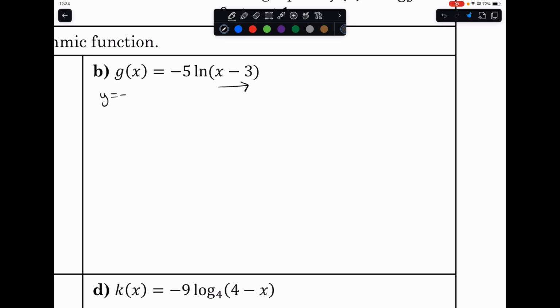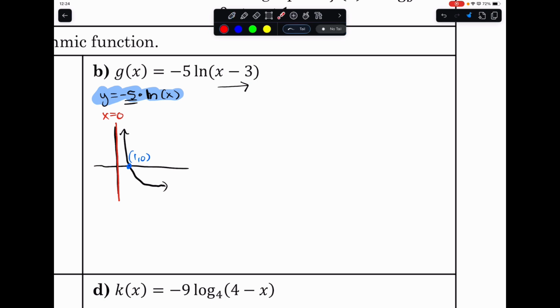So if y is equal to -5 times ln of x, if this graph looks like this, and it's downwards because the value of a is negative, where my vertical asymptote is at x equals 0, and my x-intercept is at 1, 0, because I am now doing a horizontal shift in the right direction, these points are all going to move to the right, along with the vertical asymptote. So the vertical asymptote is going to shift 3 units to the right.